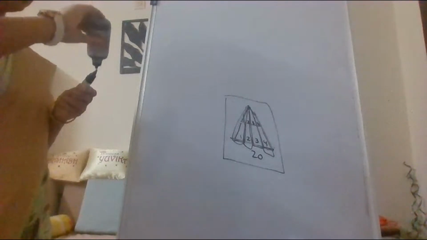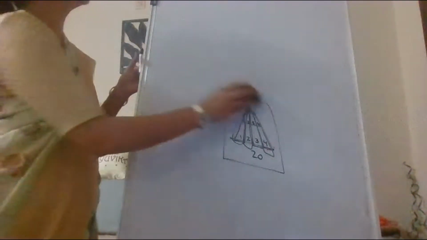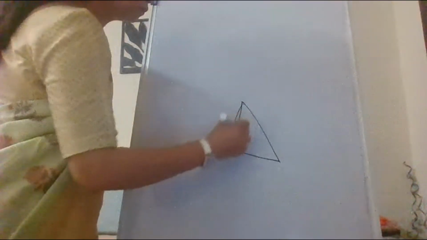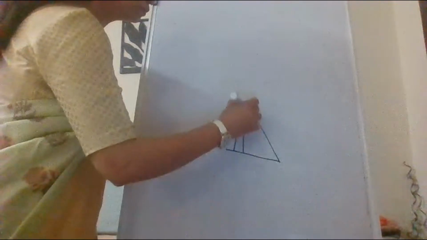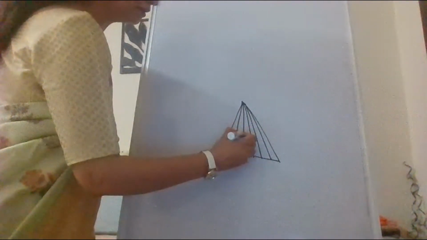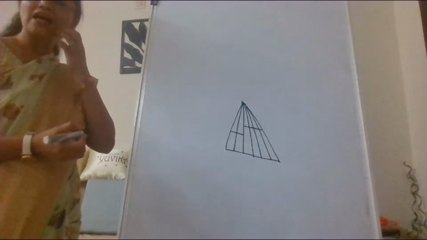One more thing I can teach you in this triangle. If I give you a figure like this, 1, 2, 3, 4, 5, and then here, and then here. Now what you will do?